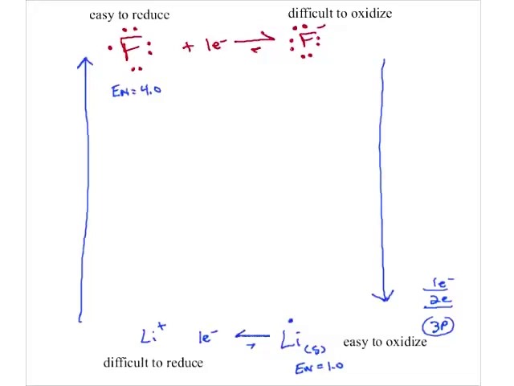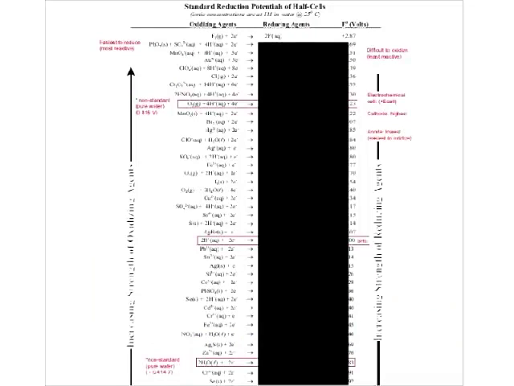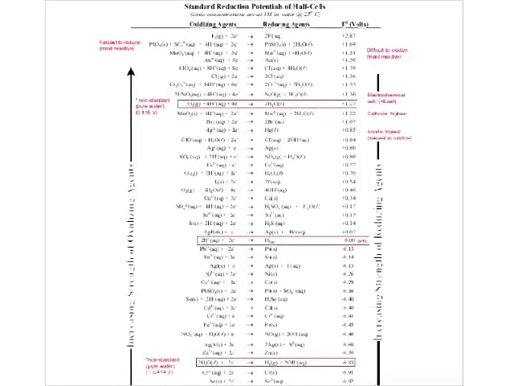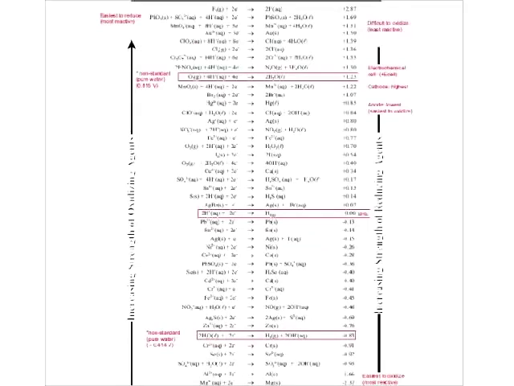Okay? So that's how the table is set up here, and everything is written with respect to reduction. Even though this equation down here would rather not be reduced, we're going to write it as reduction, and we're going to put in our value for our voltage in terms of a reduction equation. So if we go back here, we can see that there's a ranking on both sides of this table in terms of oxidation and reduction.